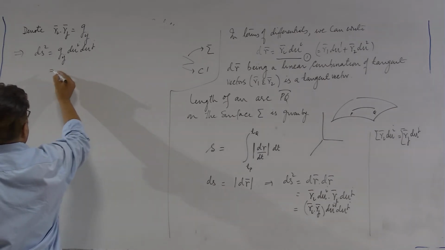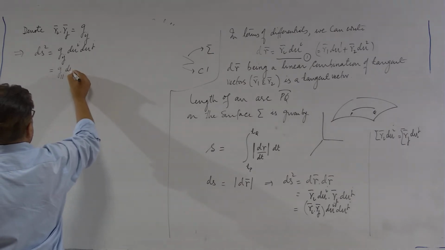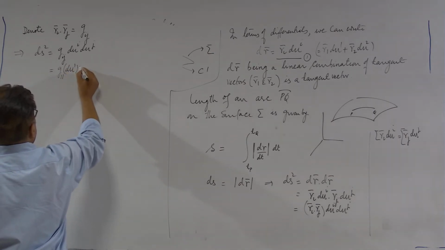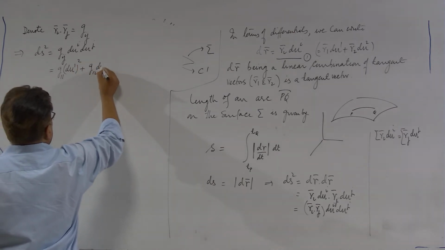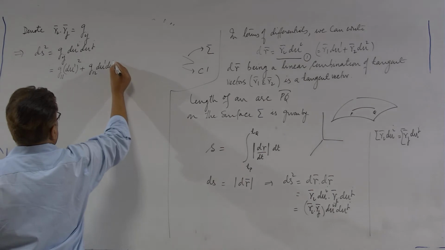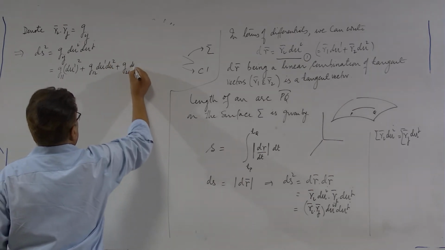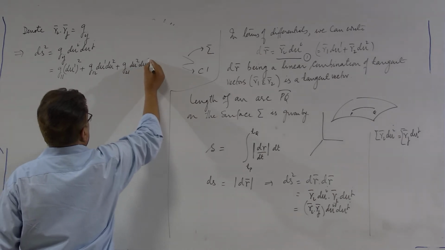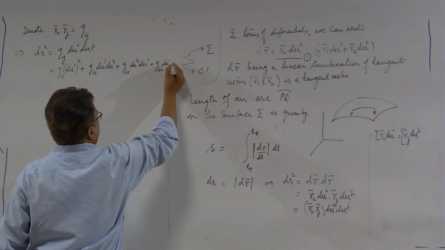In the expanded form, it will look like G11 du1 square plus G12 du1 du2 plus G21 du2 du1 plus G22 du2 square.